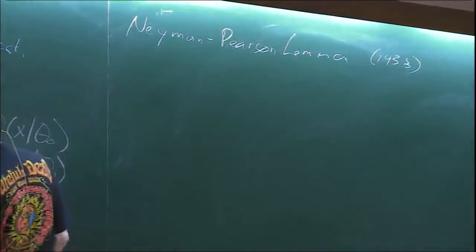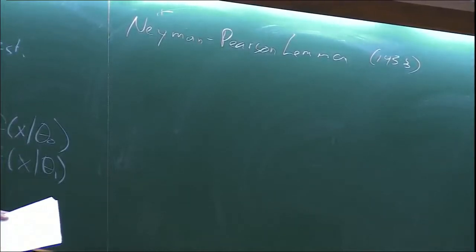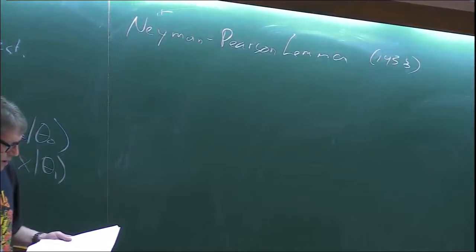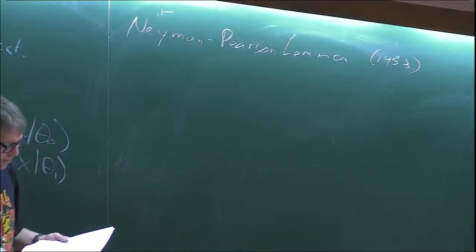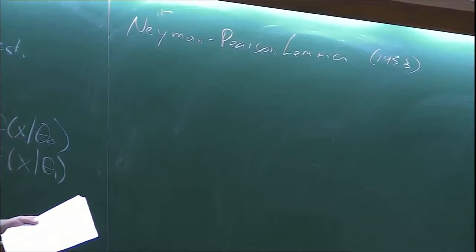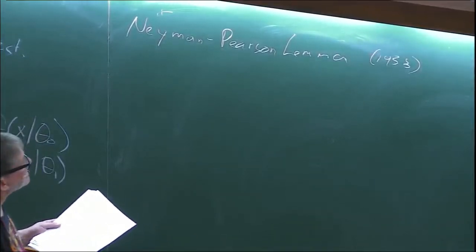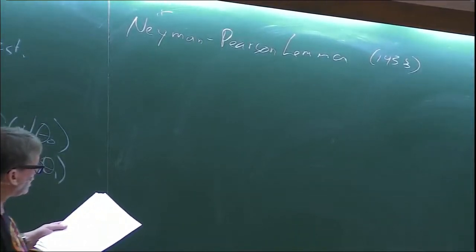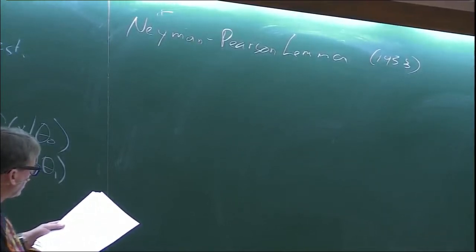It says that the best test to use, in a similar sense that the maximum likelihood estimator is the best estimator, and I can make that rigorous a little further, is that you should compare the likelihoods.